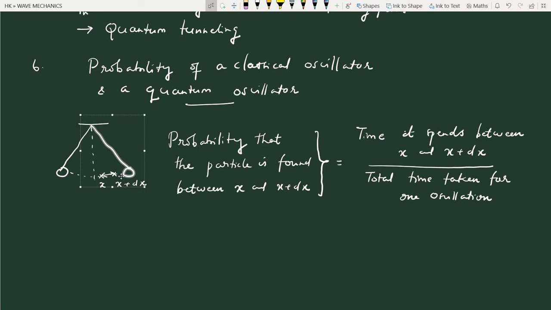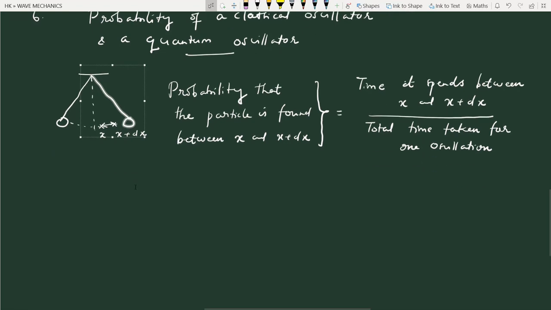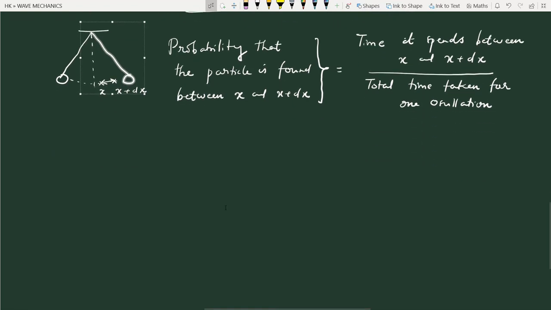So the probability that the particle is found between x and x plus dx is the ratio of the time it spends between x and x plus dx to the total time taken for one oscillation. What's the fraction of time it spends between x and x plus dx? That's the idea. So let us evaluate this quantity. Let me use a symbol like this, P(x) dx, the probability of detecting the particle between x and x plus dx.